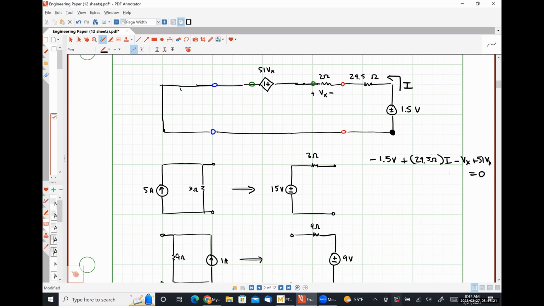Okay. I can say that I is equal to negative Vx over 2 ohms. Substituting that in here, I'm going to have 29.5 ohms times negative Vx over 2 ohms plus 50 Vx is equal to 1.5 volts.